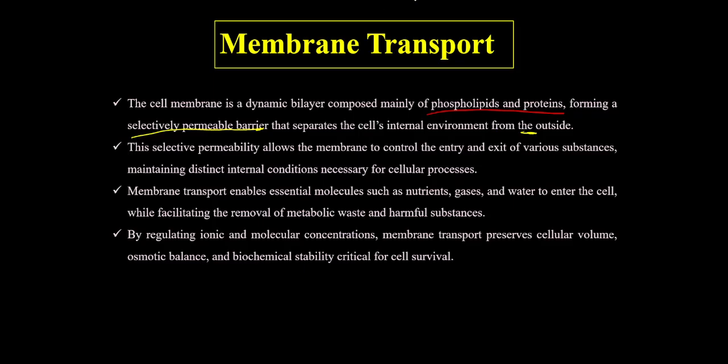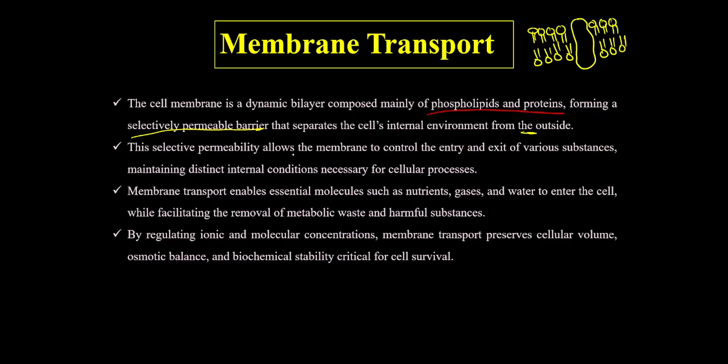It means this bilayer of phospholipids and various types of proteins which are present in the biomembrane act as a barrier between the cytoplasm and its surroundings.